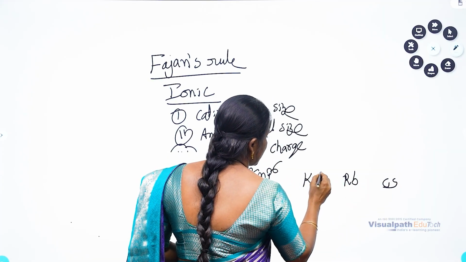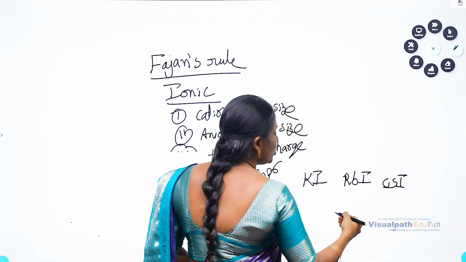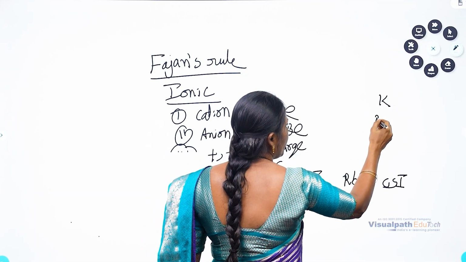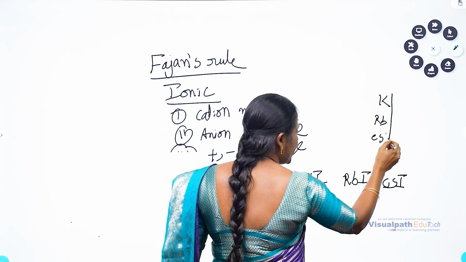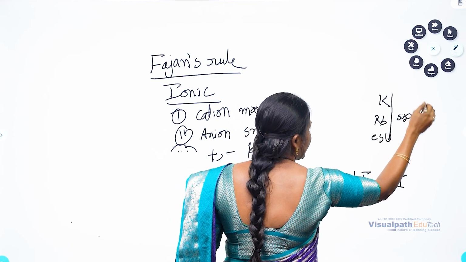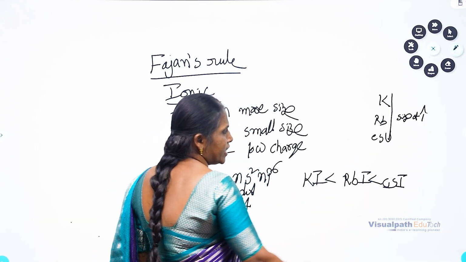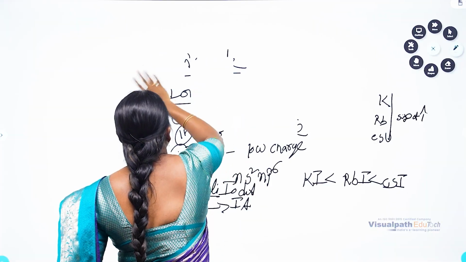So it is potassium iodide, rubidium iodide and cesium iodide. As we go down the group, the size of the cation increases, so the covalent nature also increases. That is about the Fajans rule.